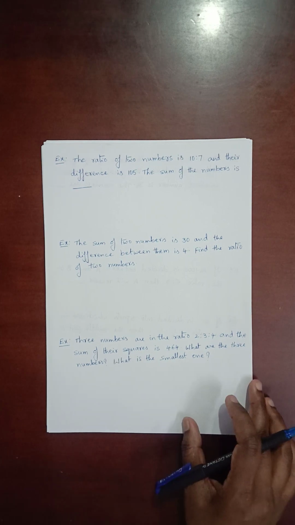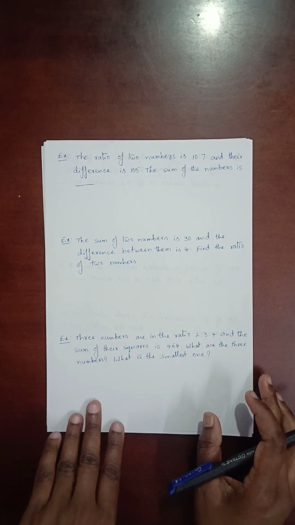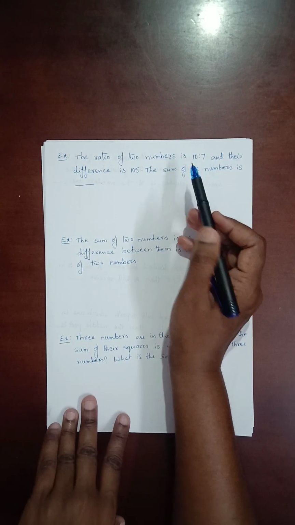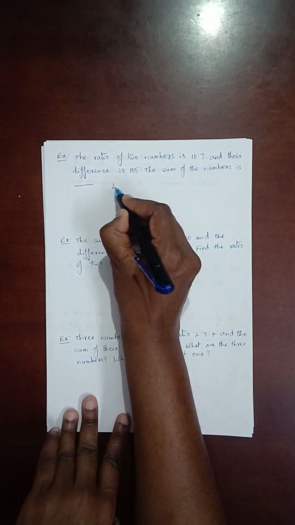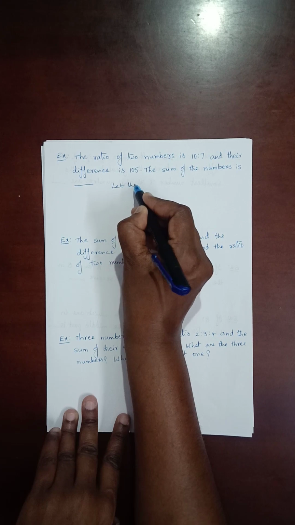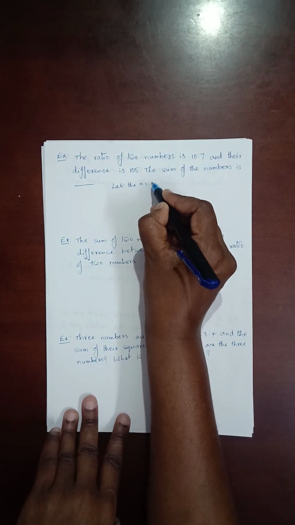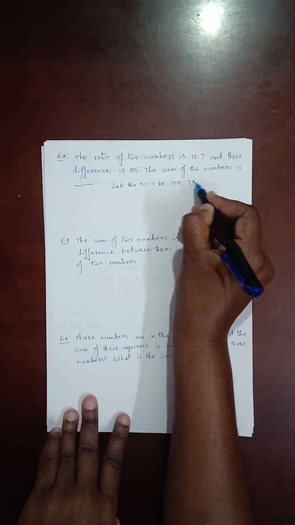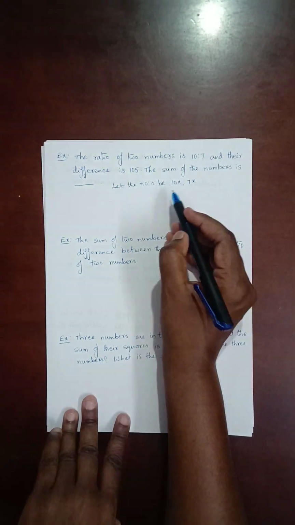Coming to the next problem. The ratio of two numbers is 10 is to 7. That means let the numbers be 10x and 7x. And the difference is 105.